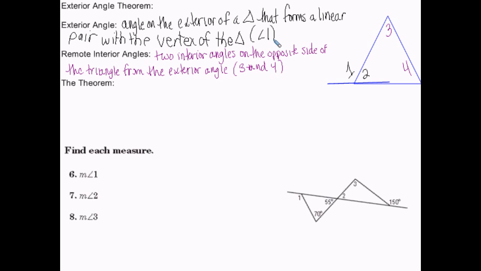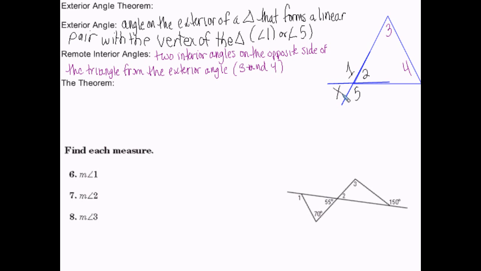If I extended it this way as well, angle 5 would also be an exterior angle because it forms a linear pair. What would not be an exterior angle is that x, because it's a vertical angle, not a linear pair. So I could say angle 1 is an exterior angle, or angle 5 is an exterior angle, but not this x.